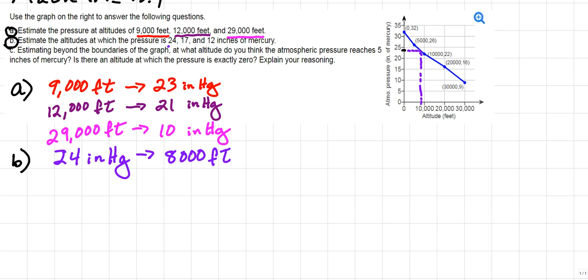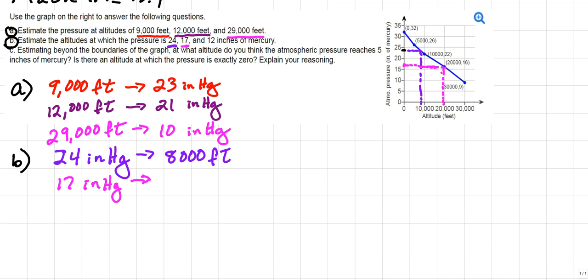The next one after 24 is going to be 17. So we're looking at a pressure of 17 inches of mercury, and we want to know what altitude that corresponds to. We'll come up the vertical axis again. There's 15, 16, right about here for 17, and then we draw a horizontal line over until we hit the graph, and then a vertical line down to the x-axis.